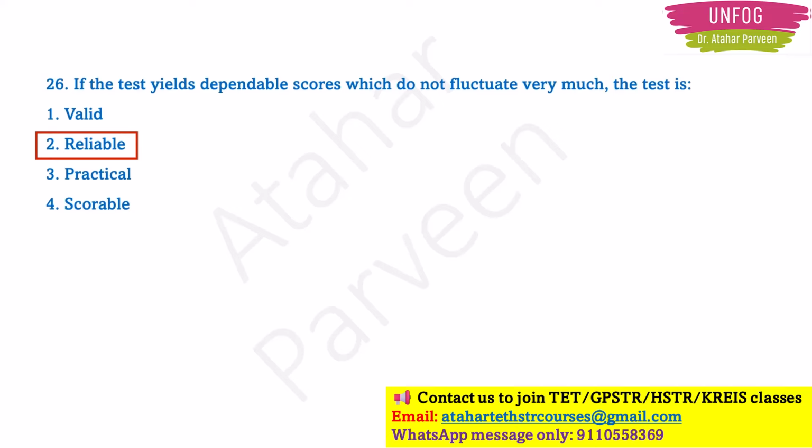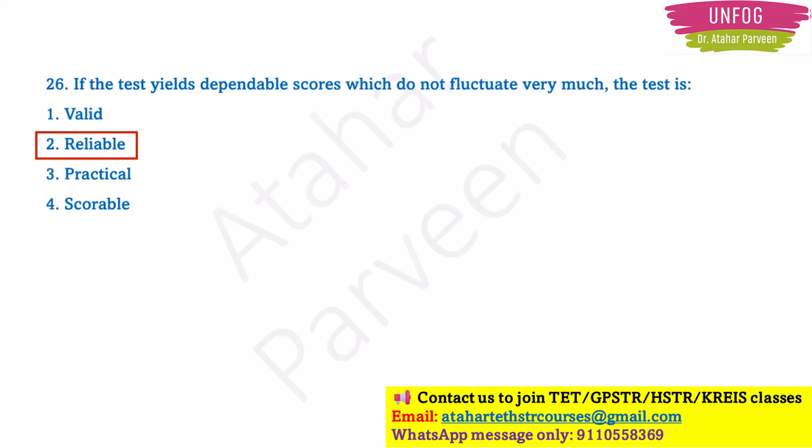If you understand the English meaning of reliable, it means you can depend upon it. In Hindi you can say you can have bharosa on it. So the correct answer is reliable.